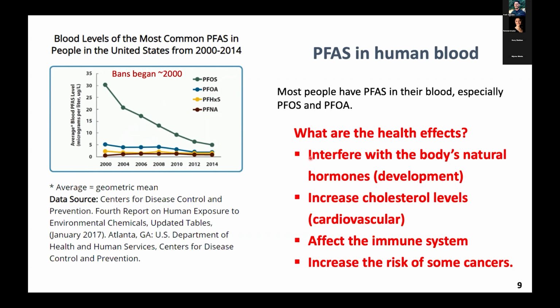Don't ask me questions about the details here because I don't know the answer, but I do know that the health experts are very concerned about these four negative impacts of PFAS in humans: interfering with the hormones, the endocrine system, increased cholesterol levels, affecting the heart, affecting the immune system, and increased risk of certain cancers. So these have already been shown to be true, and this is why PFAS molecules are either being banned or the EPA is putting on some really strict limits on them in things like drinking water.